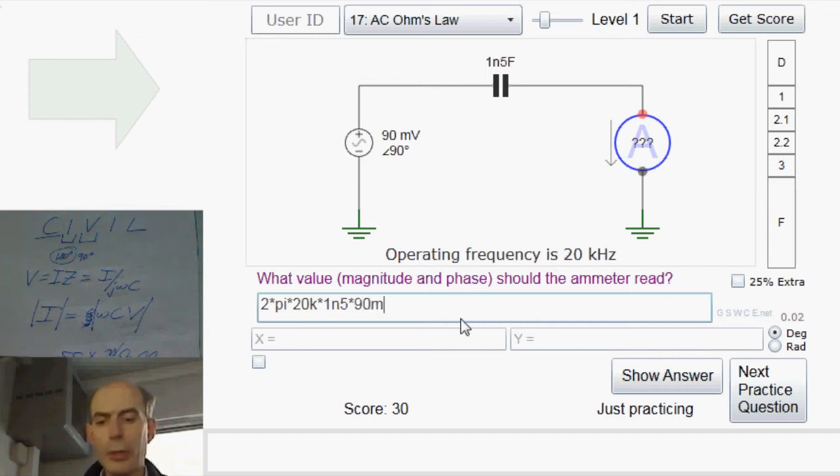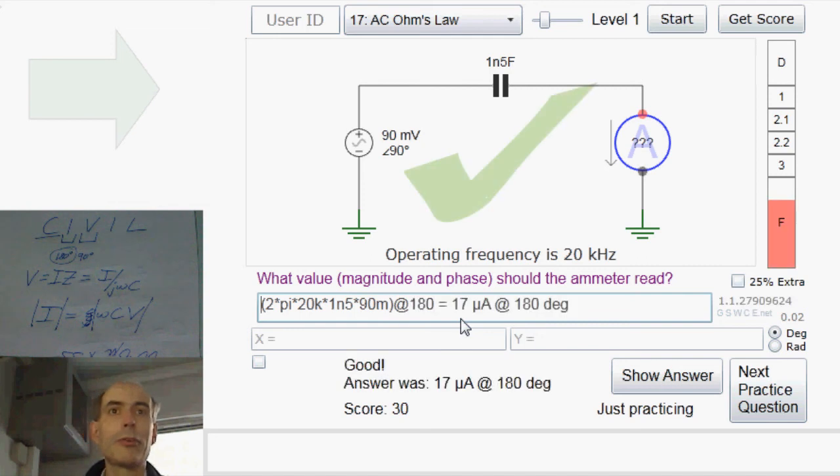That's the magnitude. Put all that in brackets. The phase is, as we've worked out, 180. Great, done.